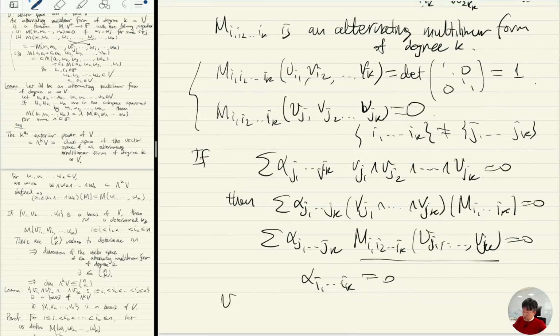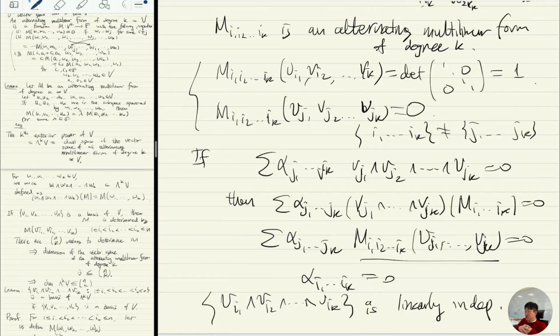So Vi1 wedge Vi2 wedge ... is linearly independent. And if they are linearly independent, and the dimension of the whole thing is at most n choose k, then therefore they are a basis.